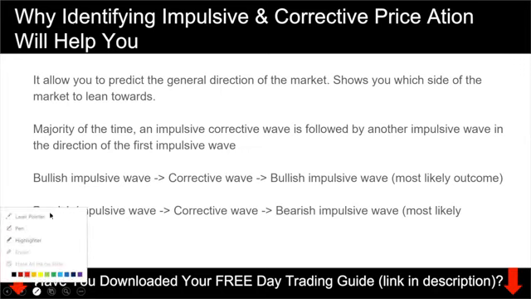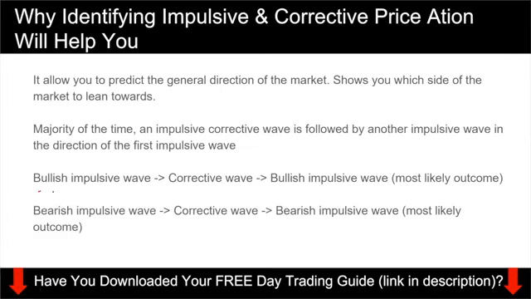So let's just consider the first scenario, which is a bullish impulsive wave. I actually wrote it over here. So let's say you see a bullish impulsive wave followed by a corrective wave. What is the next movement? If you see this kind of pattern in the market, then there's a very high probability that the next move is going to be the bullish impulsive wave. So this is your most likely outcome.